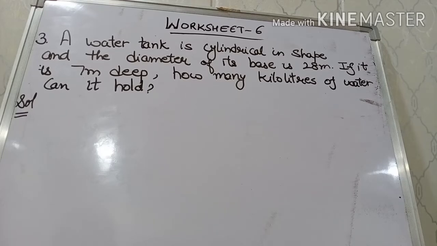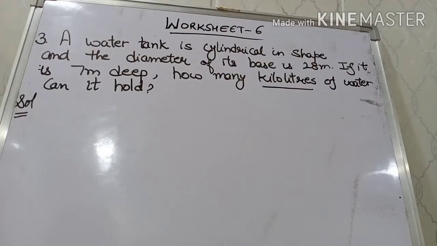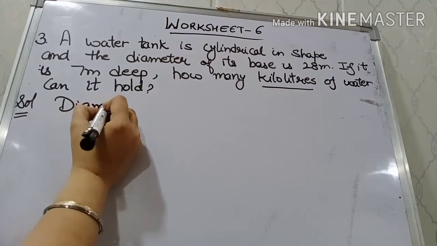A water tank is cylindrical in shape. Diameter of its base is 28 meter. If it is 7 meter deep, how many kiloliters of water can it hold? They are asking the answer in kiloliters. And how much it can hold, that means its volume. Let us find the volume of this water tank and then we convert into kiloliters. Now what is the diameter of the base?